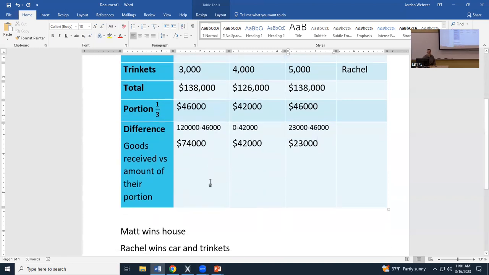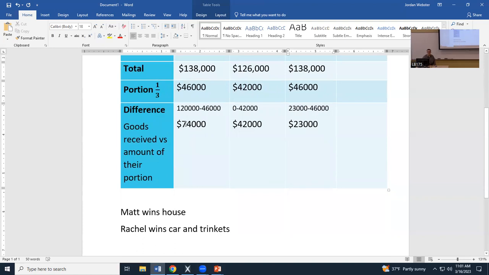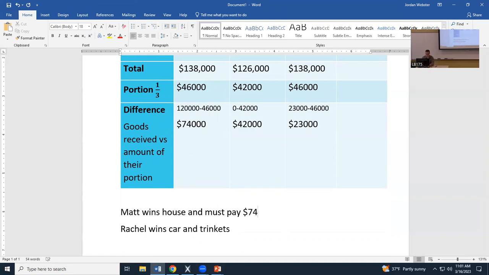Okay. So here's the deal. Matt got more than what he owed, right? Therefore, while Matt wins the house, he must pay $74,000.